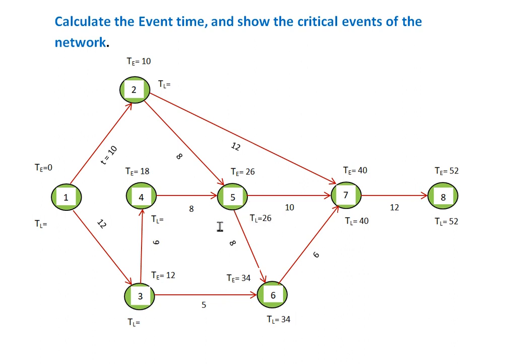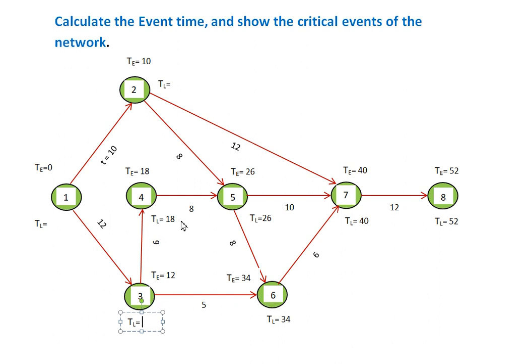Similarly if we want to determine the TL of 4, here it will be 26 minus 8, so 18. And for event 3, the TL will be 34 minus 5, which is 29, if we follow this path.